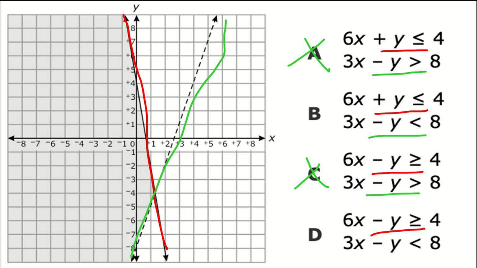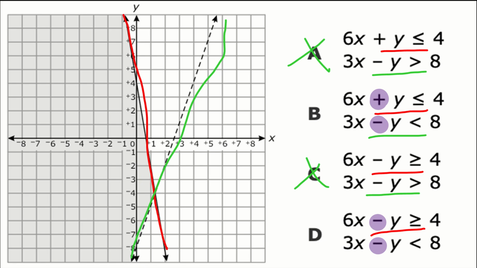So here's the big difference between B and D. Or what do you notice is different between B and D? Yeah, so we got a plus and a minus, we got a minus and a minus. So what that's going to affect is the slope for that first equation, right?